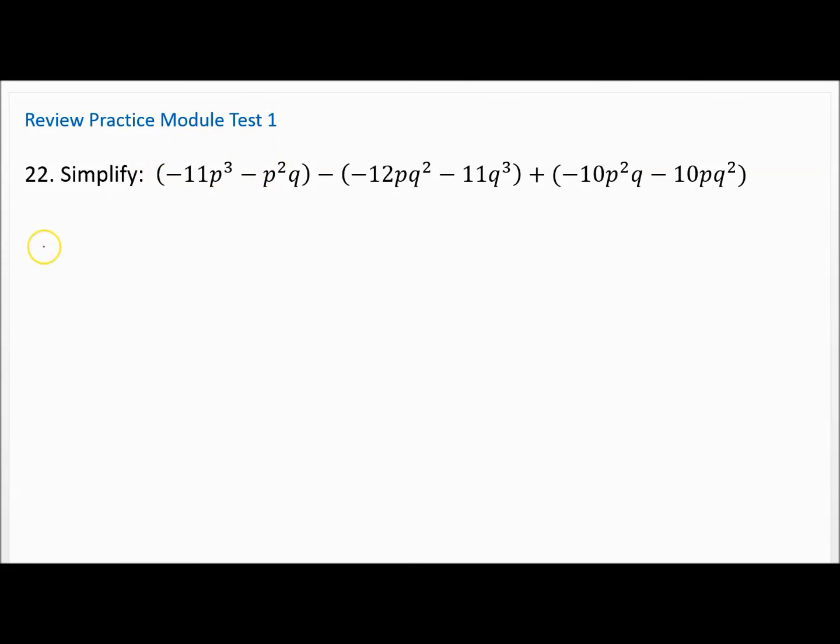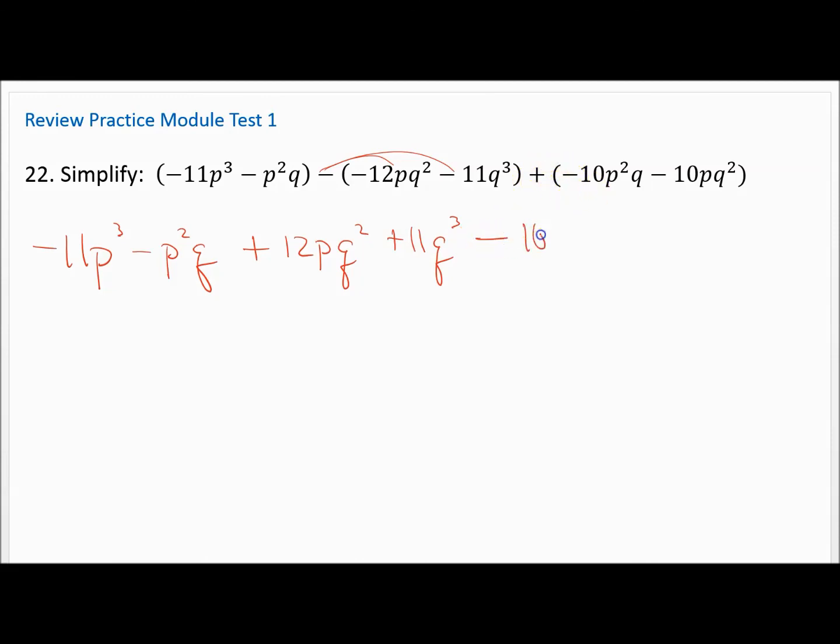So the first set is negative 11p to the 3rd minus p squared q. And it's like I'm distributing this minus sign. So this negative and this negative make that plus 12pq squared. And this negative makes this negative a plus 11q to the 3rd. Now again, plus here, but plus a negative is just minus.